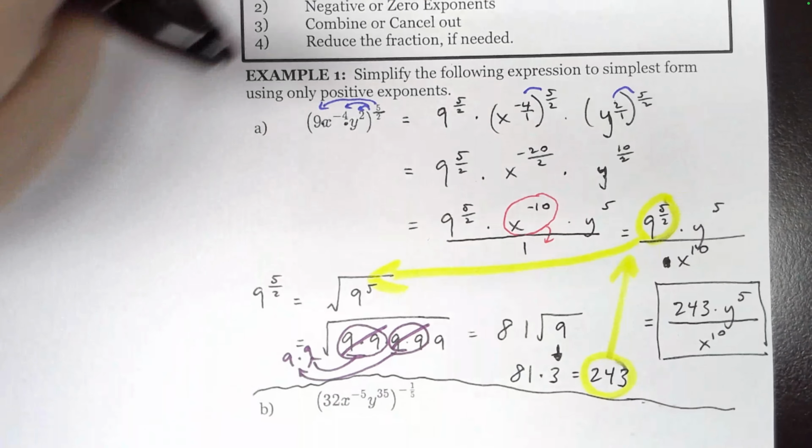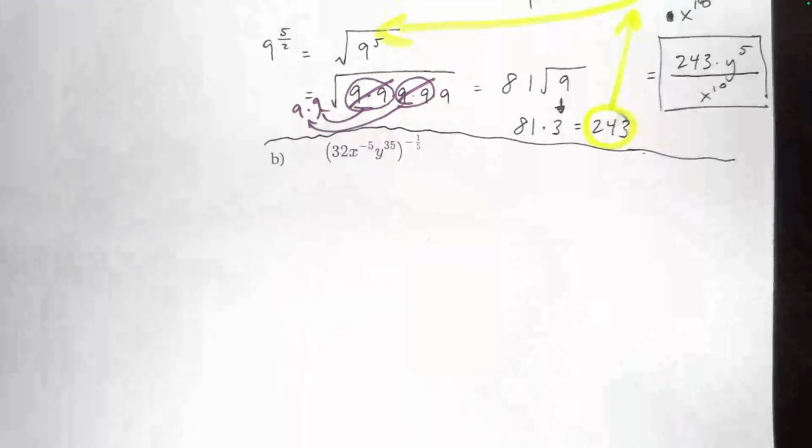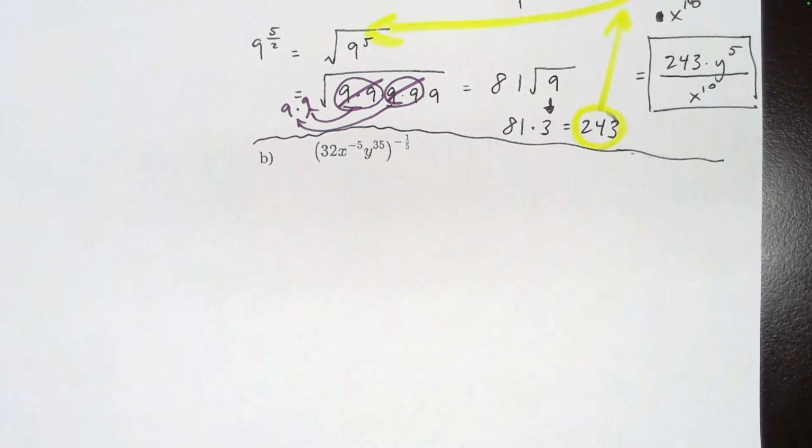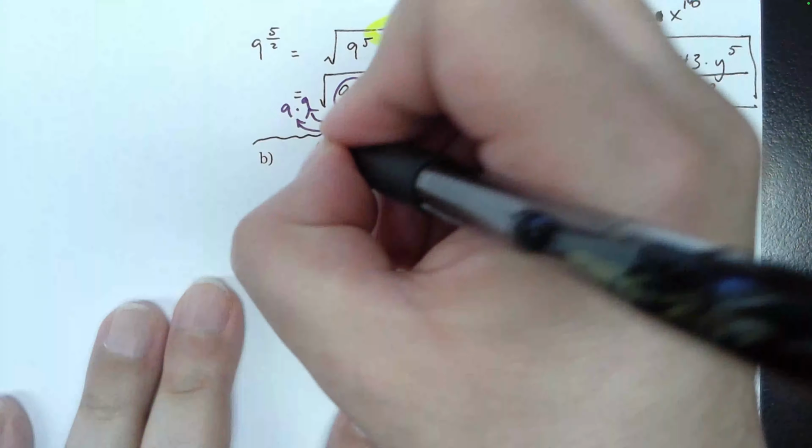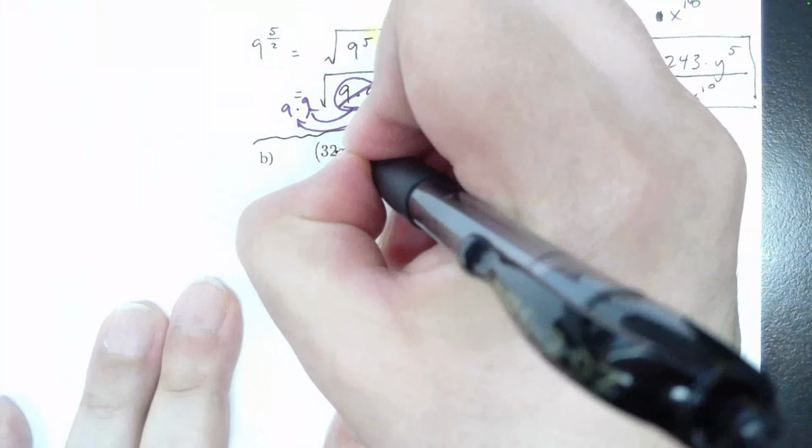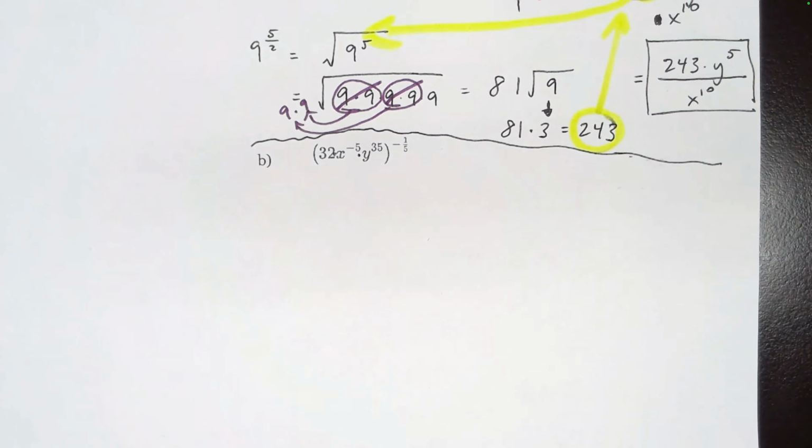All right, let's go to the next one now. Let's go to letter B. So I have 32 times x to the negative 5 times y to the 35, all to the negative 1/5 power. How do I get rid of parentheses? Give everybody a power.